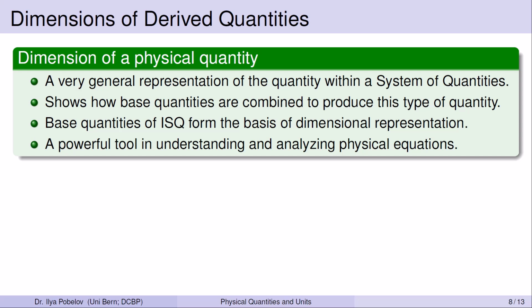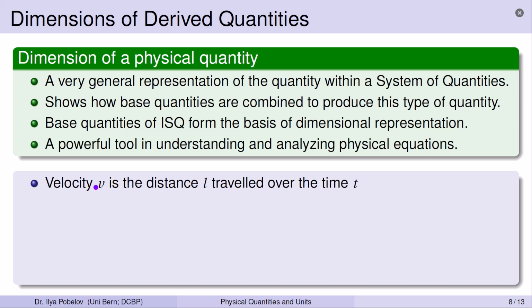And now let's look at an example. Velocity v is a physical quantity that shows what distance L was traveled by a certain object over a certain time t. Here, it doesn't matter how large the distance is or which units we use to measure this distance, or if we measure it at all.